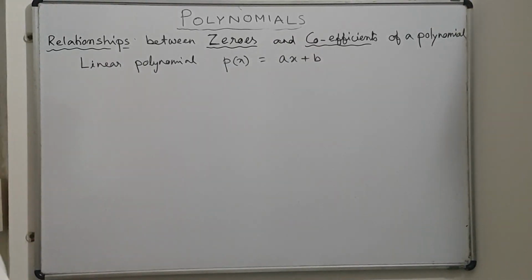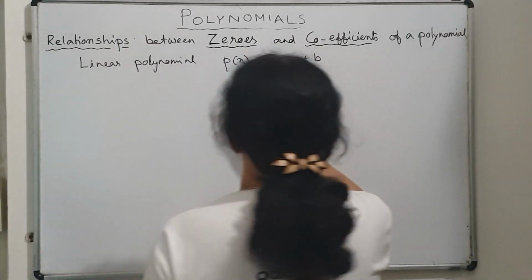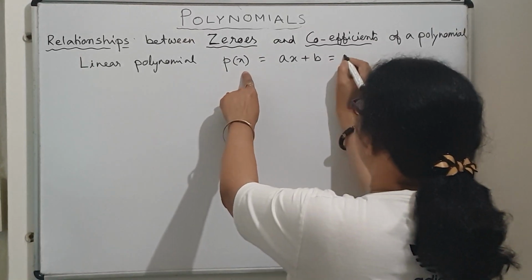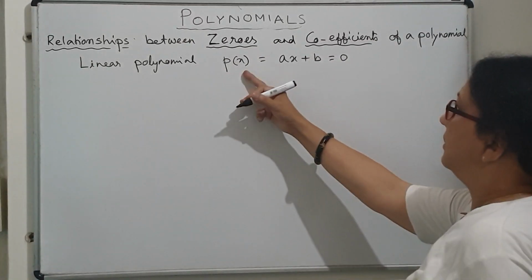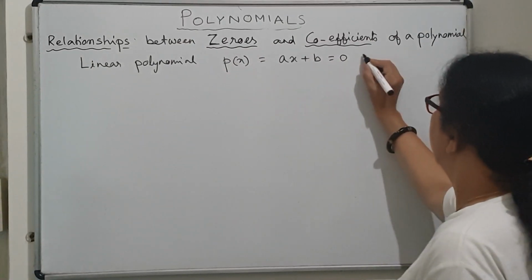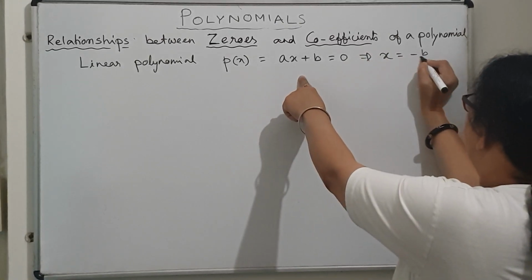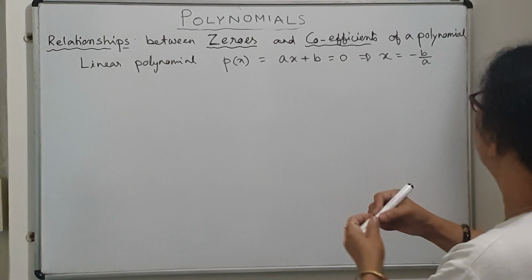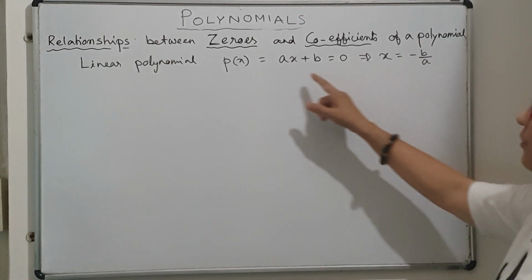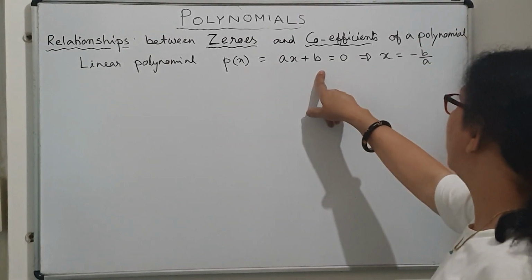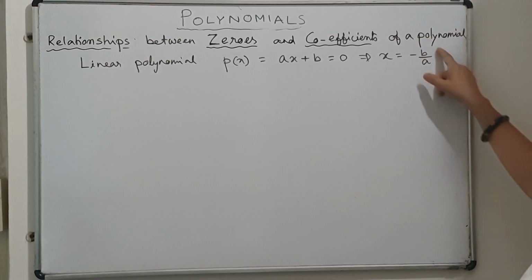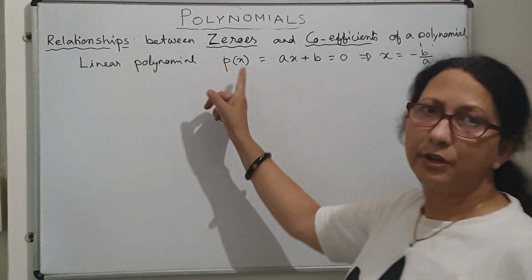Degree 1, so only 1 zero, and that very easily we can find out by equating it to 0, as this will be 0 for x equal to minus b upon a. That is, for this value of x, the value of the polynomial will be 0, so obviously this is the zero of the linear polynomial.